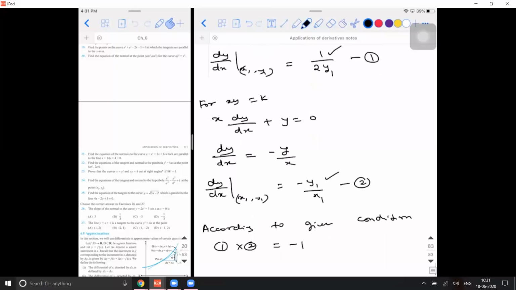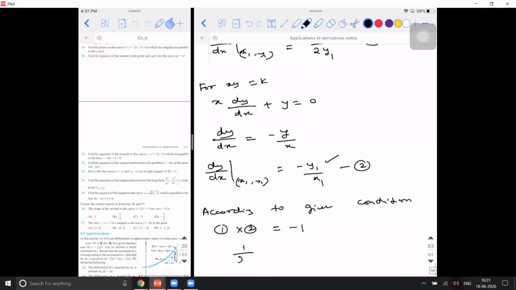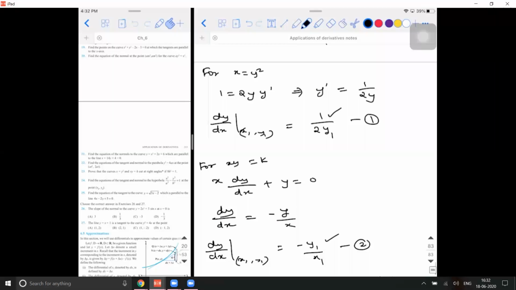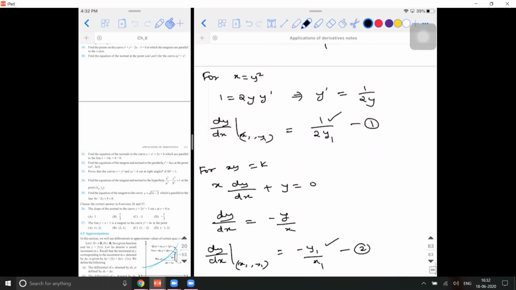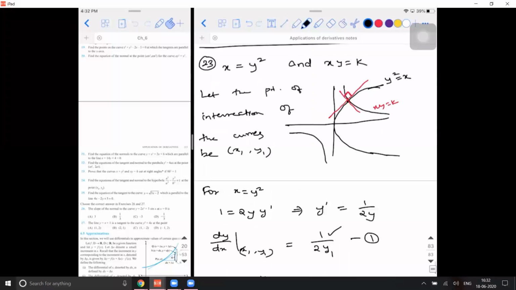So 1 by 2y1 into minus y1 divided by x1 is equal to minus 1. Just check once. No mistake, right? So what is it? We need to prove 8k square is equal to 1.